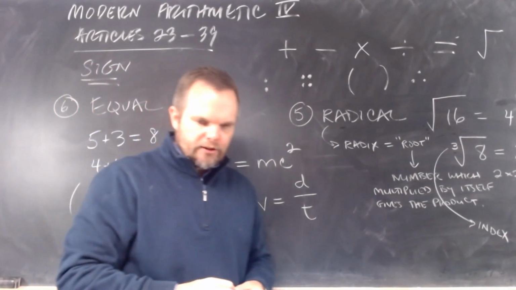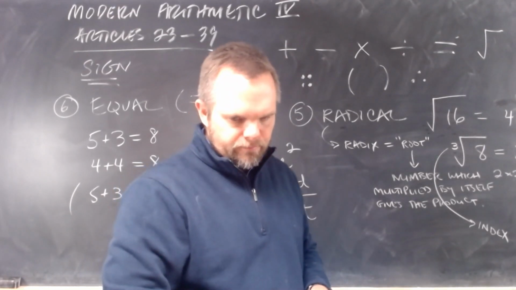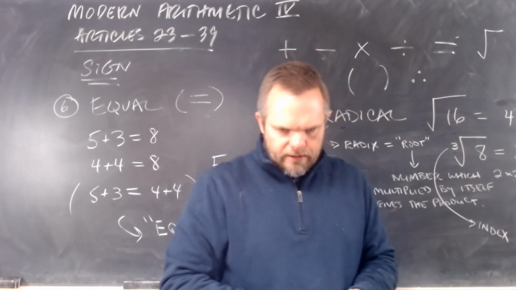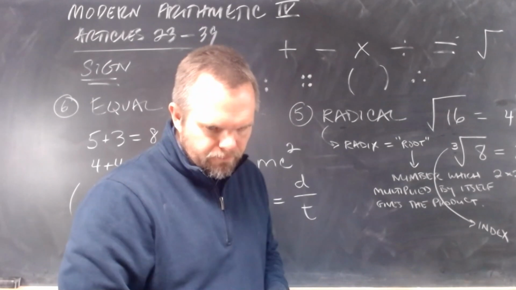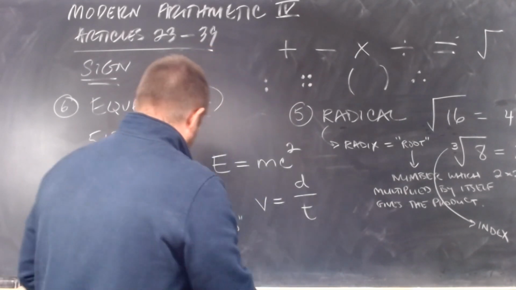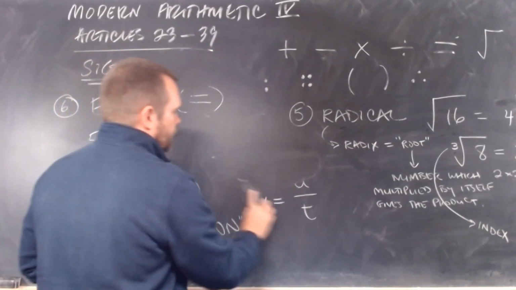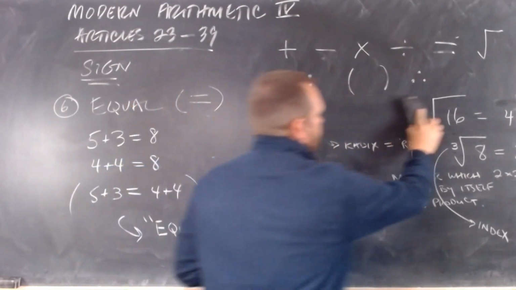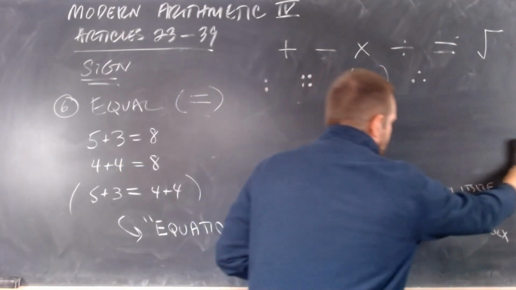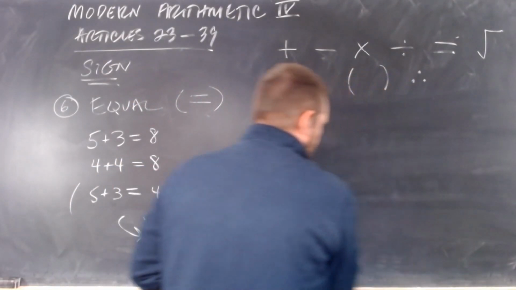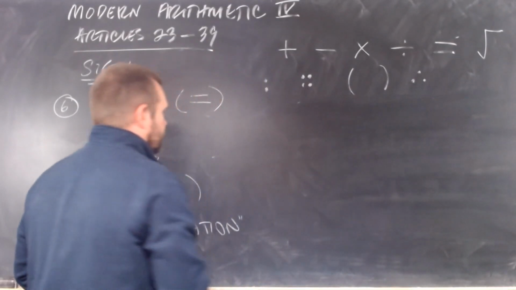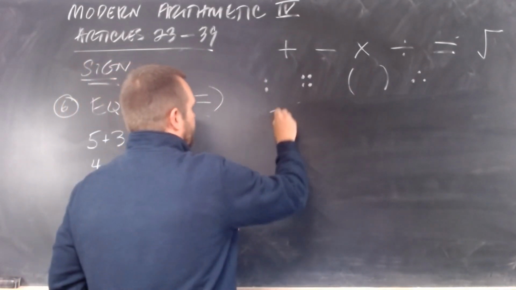That's an equation, and that's found in Article 31. All right? Article 31, the equal sign and the definition of an equation, which is a term that you're going to see over and over and over again in mathematics.